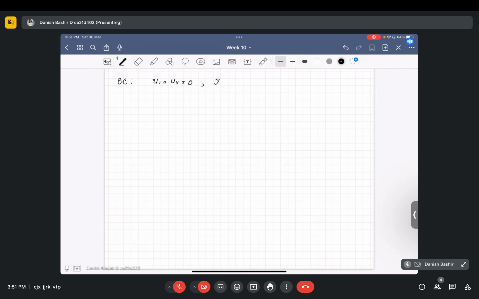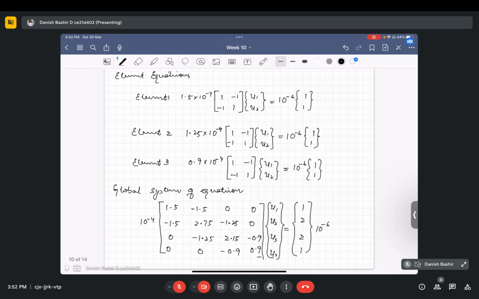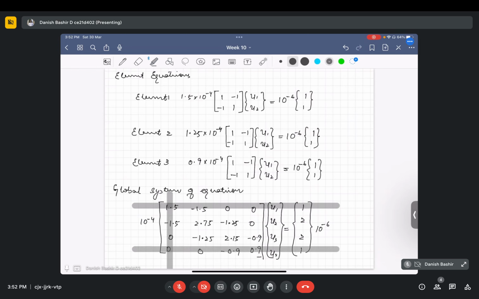The reduced equations: the reduced equation will become 10 to the power minus 4 times this. Because u1 and u4 are 0, we have to cancel this row and this column, and this row and this column.